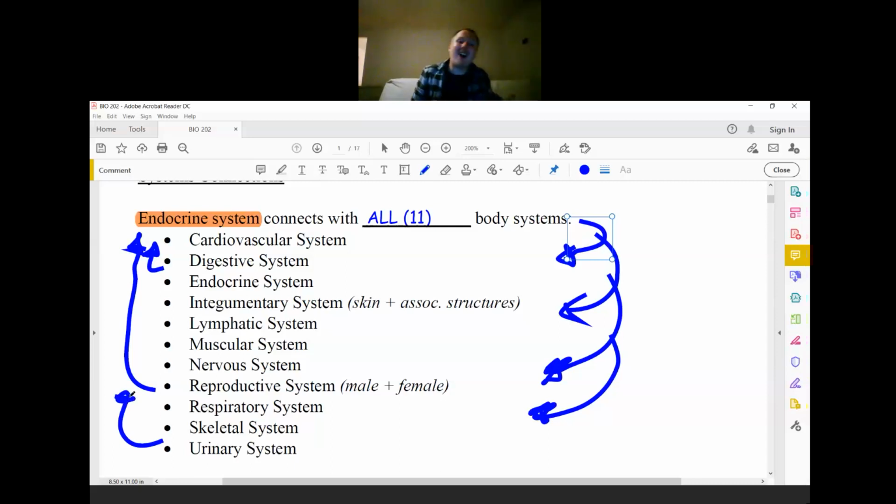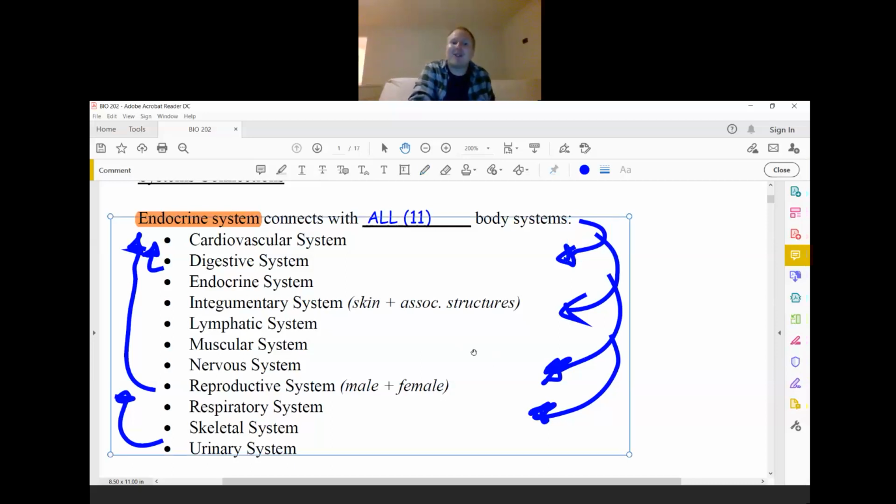So these all really have a lot of overlap. And this is where it came when I said that it's sometimes hard to really fully understand the endocrine system until you understand all other systems. So don't feel that if this felt like the hardest chapter ever, that you're wrong. It very well might be that it was because you don't have all the information yet.